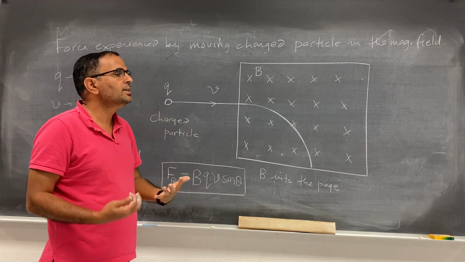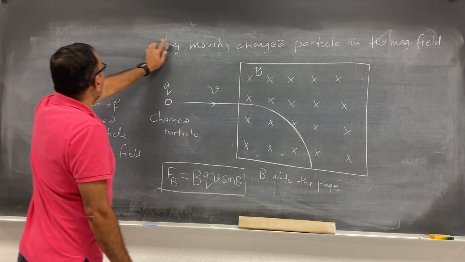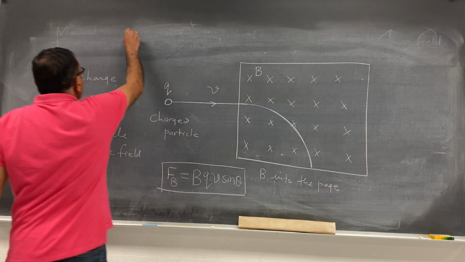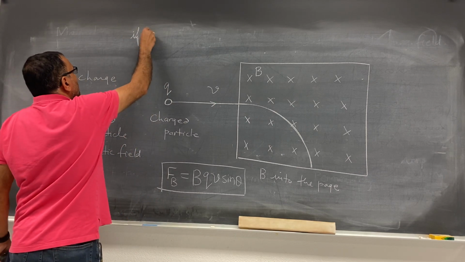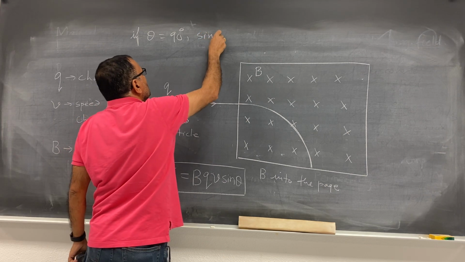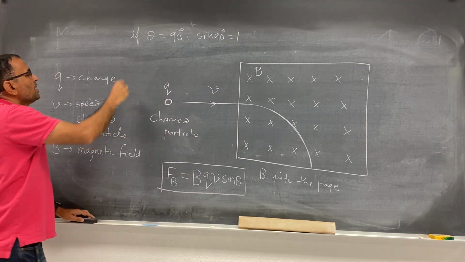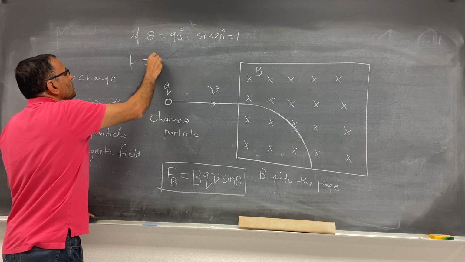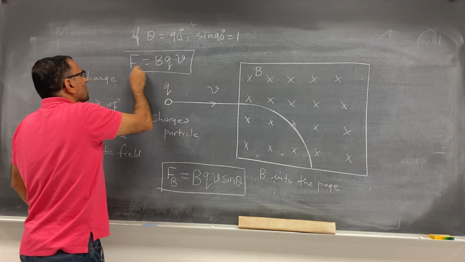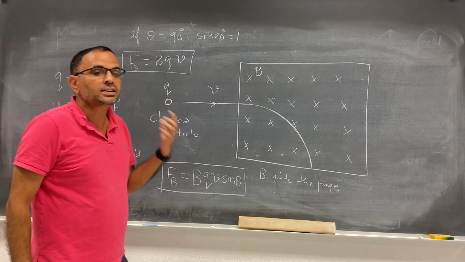But if theta is 90 degrees, what happens then? You know sine 90 degrees is equal to 1. Then this formula becomes F equal to BQV. This is the magnetic force, BQV. So what does this mean?